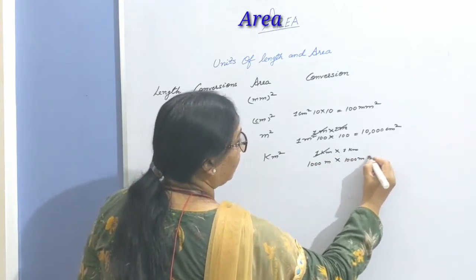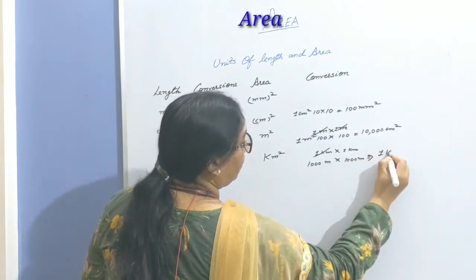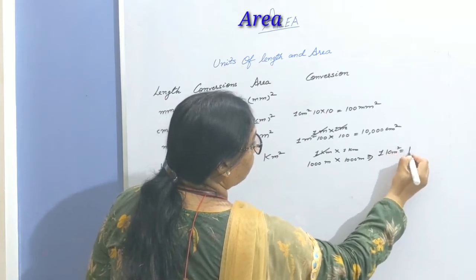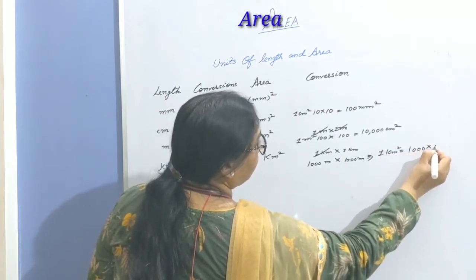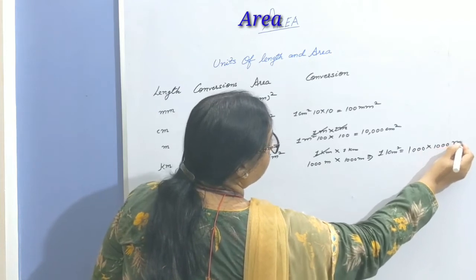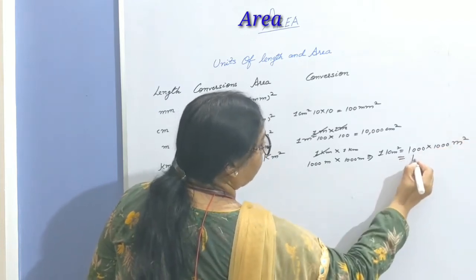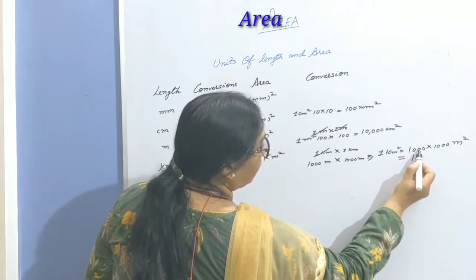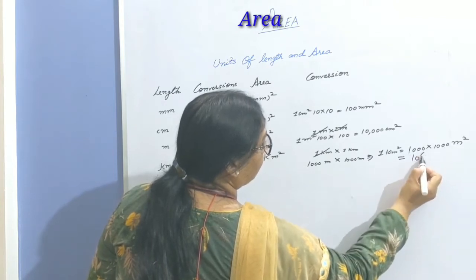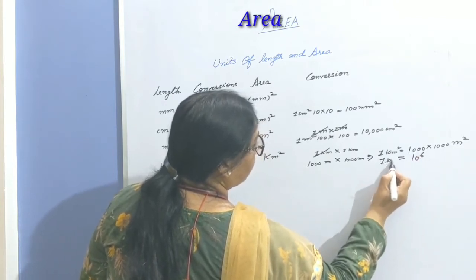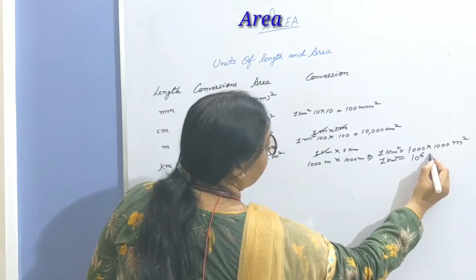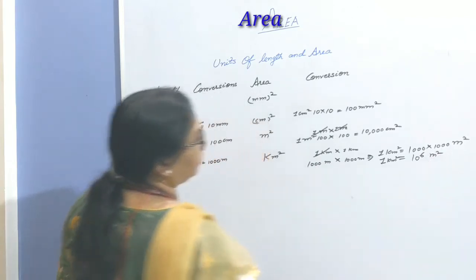Hence 1 kilometer square equals 1000 into 1000 meter square, or 10 raised to power how many zeros? 1, 2, 3, 4, 5, 6 zeros. So 1 kilometer square equals 10 to the power 6 meter square.